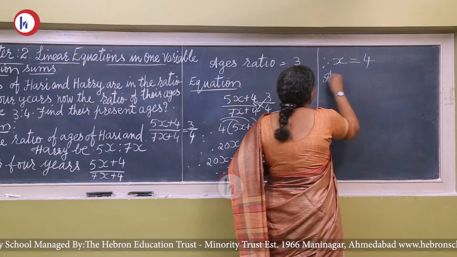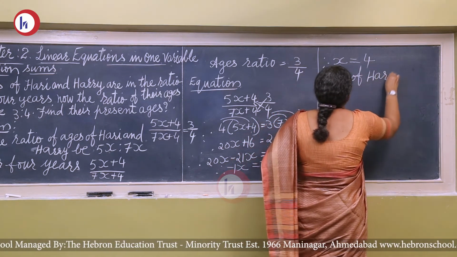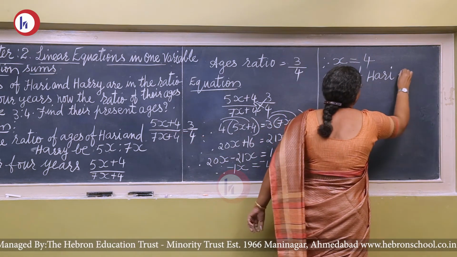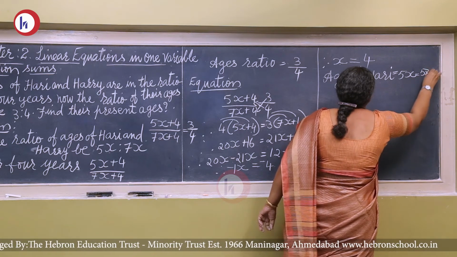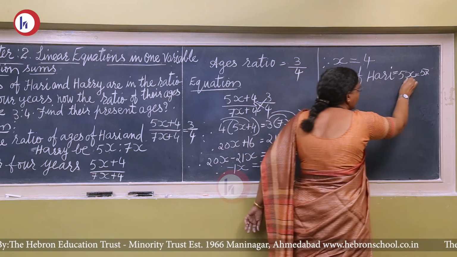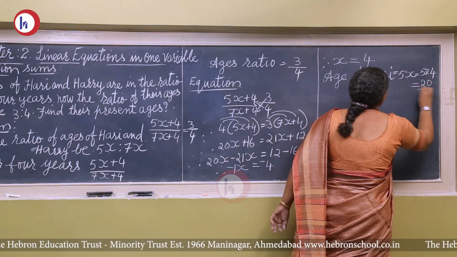So the age of Heidi is equal to, we already saw, 5x. That is 5 into x, and the value of x is 4. Substituting 4, 5 fours are 20.